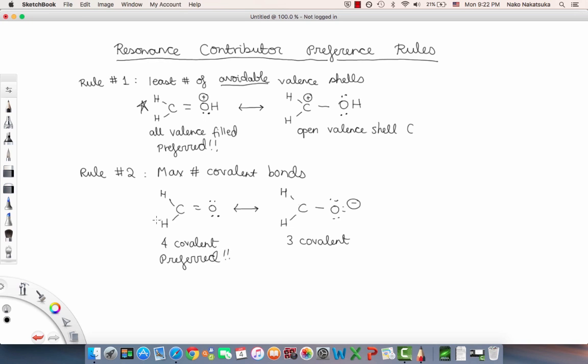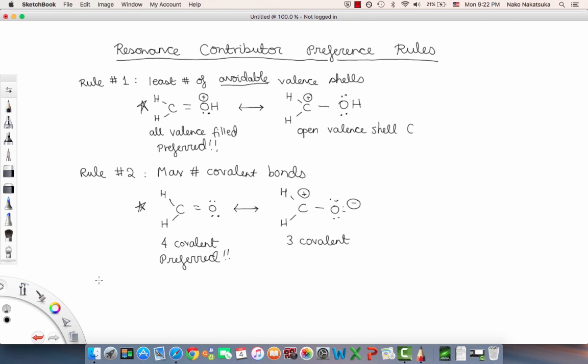Again, we'll give him a star. But as you can see, even by following rule number 1, which says the least number of avoidable open valence shells, comparing these two, carbon has a full valence shell right here, whereas it does not right here because it has 1, 2, 3 bonds. So actually this carbon should have a positive charge right there.